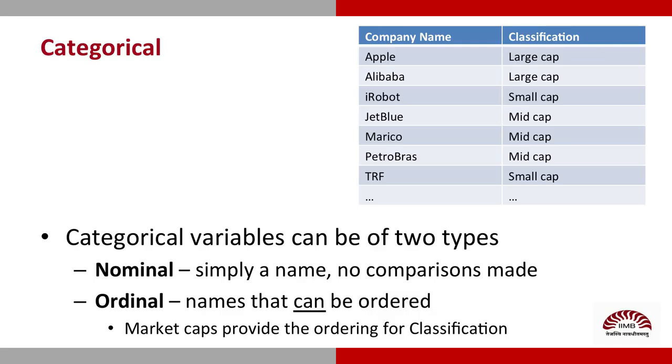Such variables where comparisons are feasible are called ordinal, reflecting an ordering of the values or the levels. As you can imagine, every ordinal variable is already nominal.